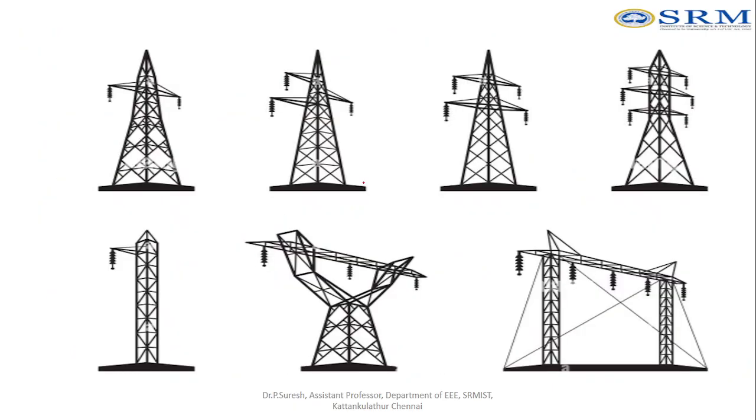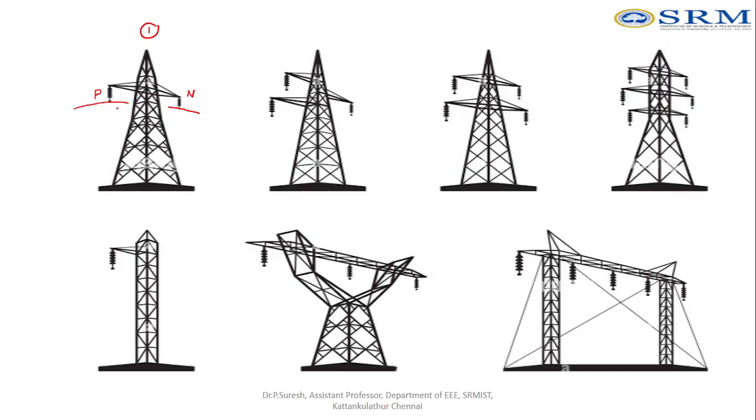And you can see here, these are all the transmission towers which are available for transporting power. If you take the first case, we can run only two conductors. I can also take this as phase and neutral, so this is for a single phase system.